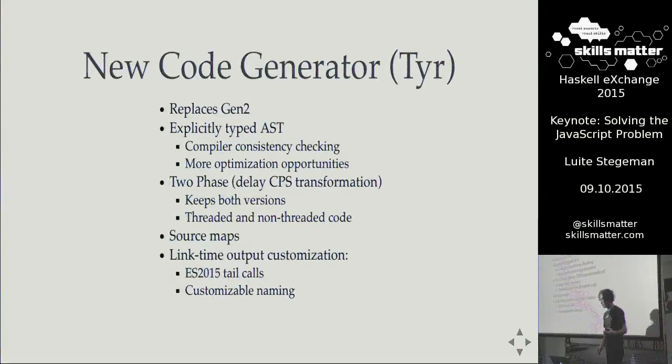The explicitly typed AST, similar to what Simon Peyton Jones mentioned in his talk about Core, would hopefully save a few years of my life debugging compiler optimization problems.